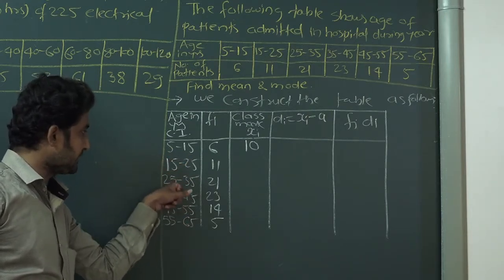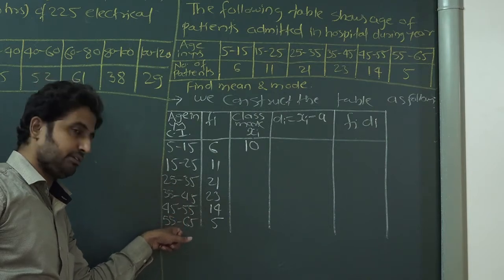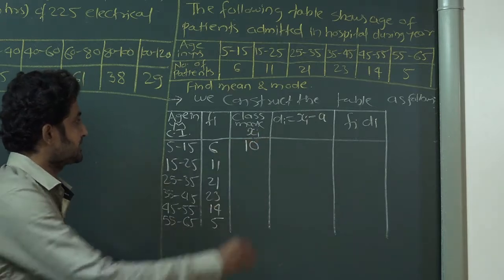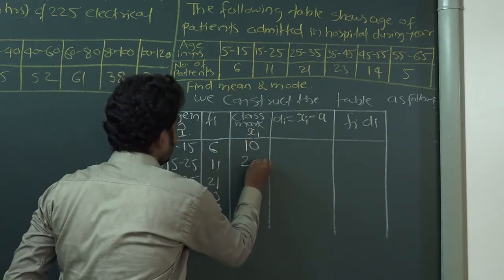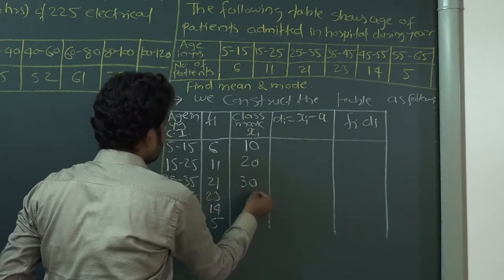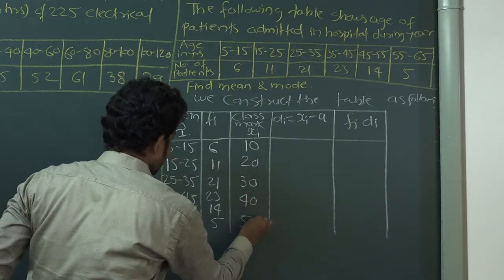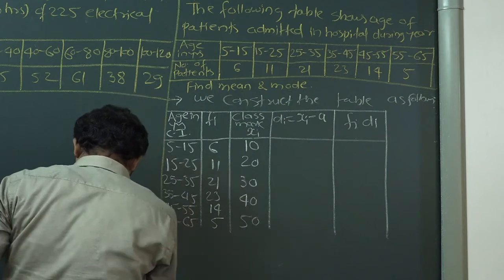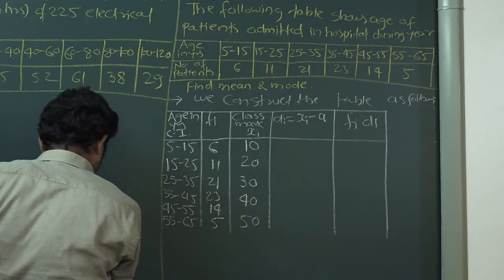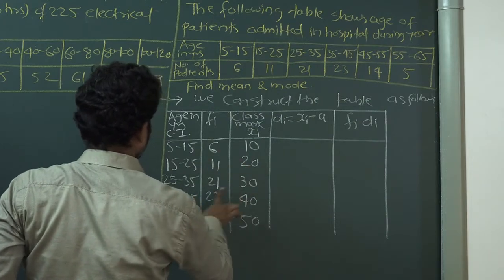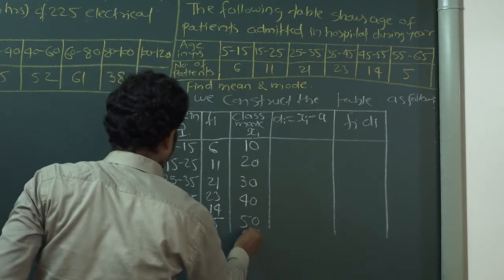We can say class width is 10 for everyone. So you may add 10 to every previous xi. So 10 plus 10, 20 plus 10, 30 plus 10, 40 plus 10, 50. And last is 60.